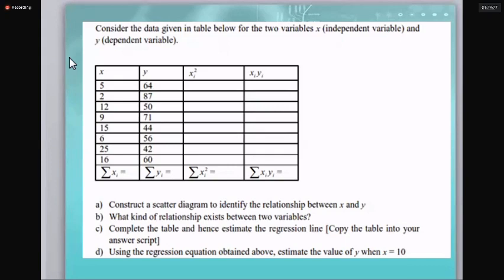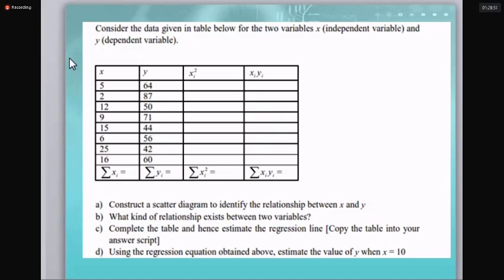You can first identify the relationship, then estimate the regression equation, then you can substitute values for the x variable and find the corresponding y variable for values outside the given data set. So that is the process.